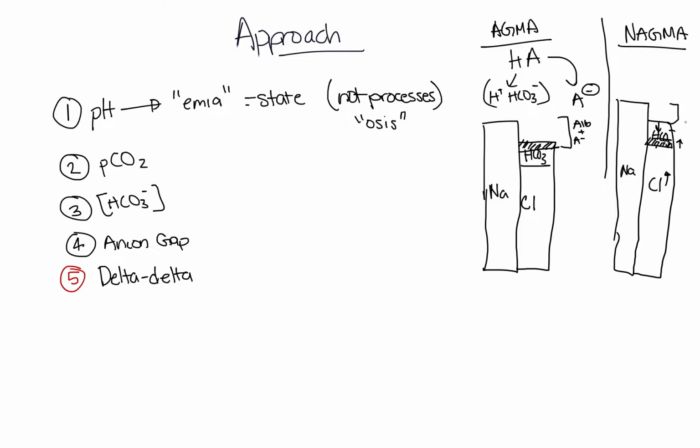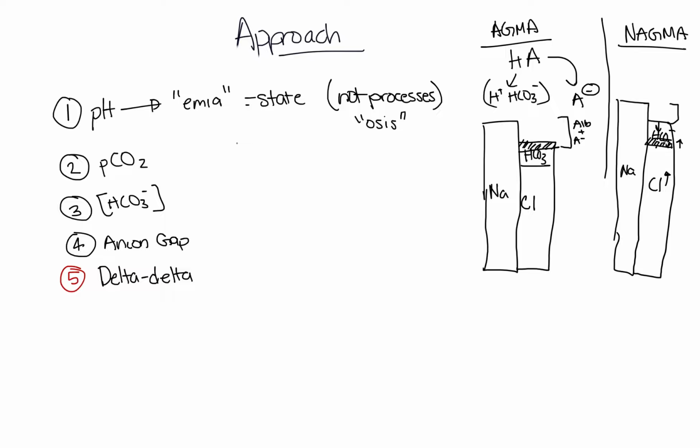But the actual anion gap itself stays stable. So you're swapping bicarbonate and chloride out in order to maintain electroneutrality, and that leads to a non-anion gap metabolic acidosis. So in one, you're introducing another negatively charged molecule to the blood. In the other, you're swapping the bicarbonate and chloride in terms of electroneutrality in the blood.